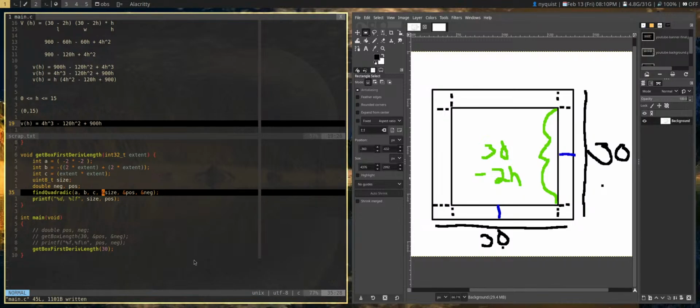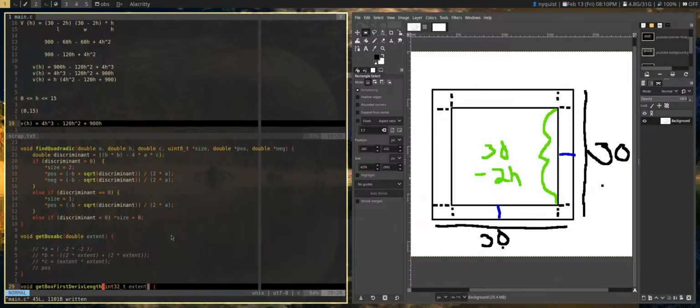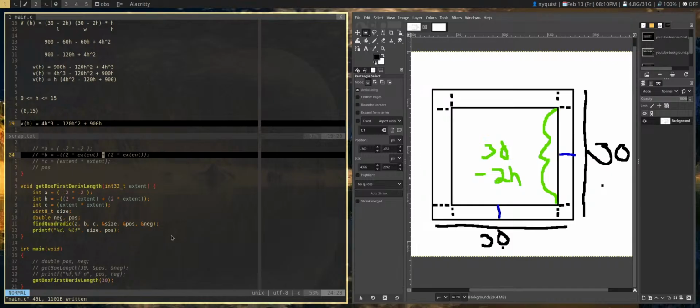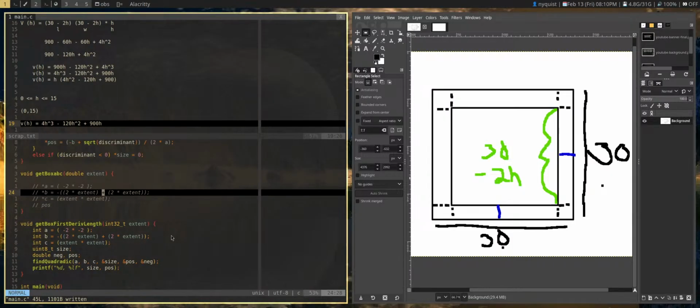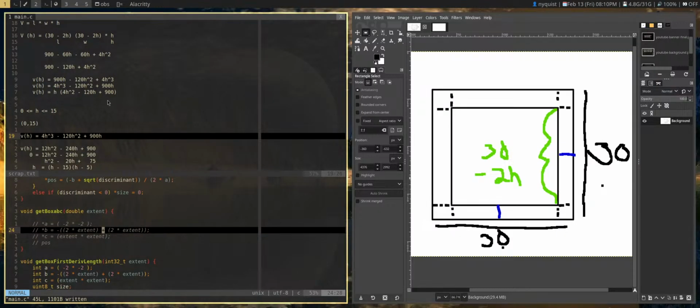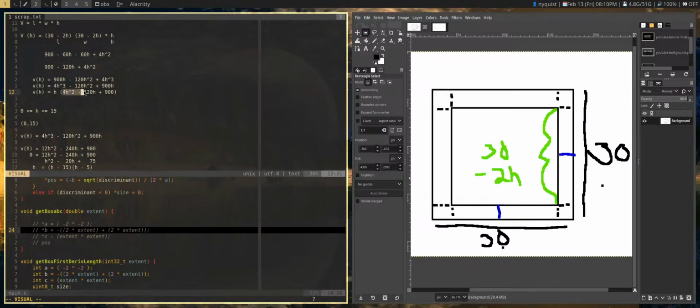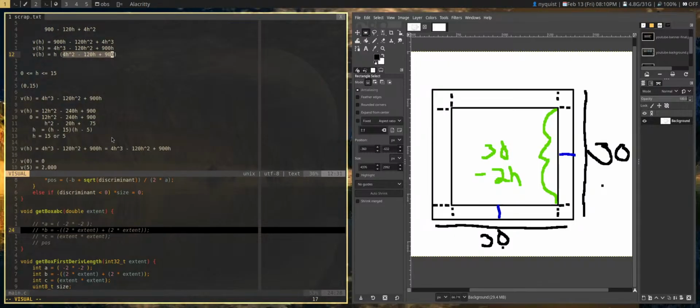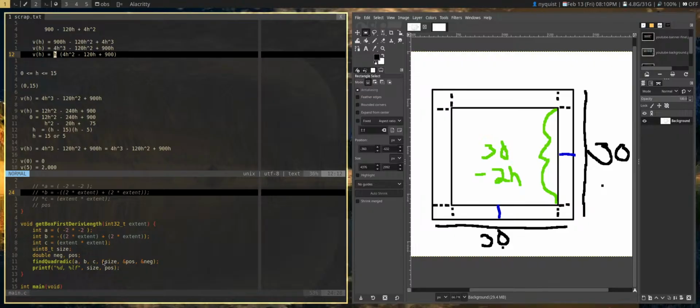So that's working correctly. But the issue is it's not the first derivative, it's just the volume. It's just this. And it's not even multiplying it by h.